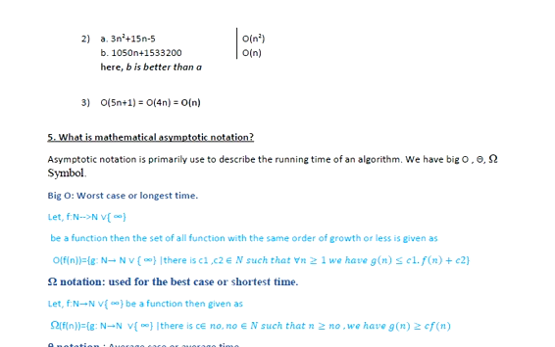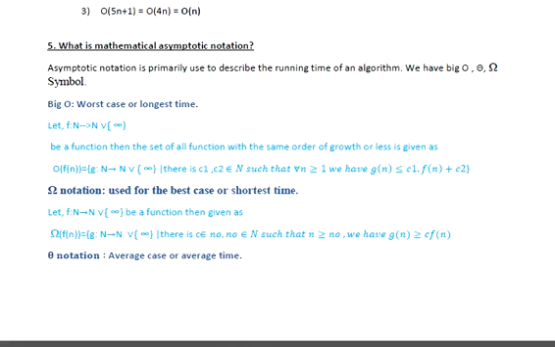In that case we consider the same order of growth or less, given by order of f of n equals some other function g of n that maps n to infinity. There will be some constants c1, c2 which belong to the natural numbers such that for all n greater than n naught, g of n is smaller than c1 f of n plus c2.